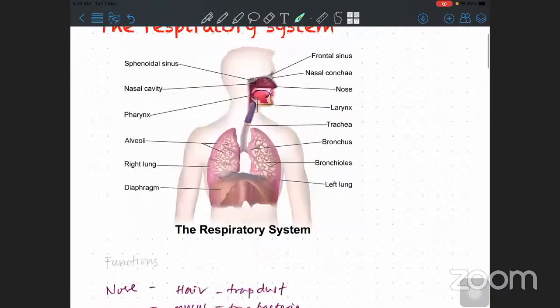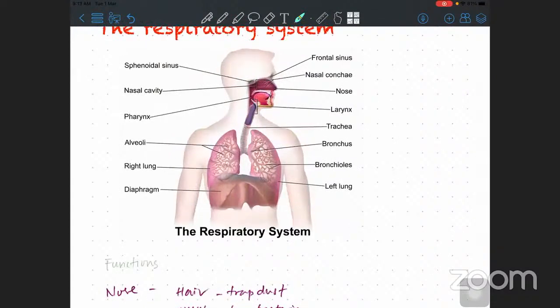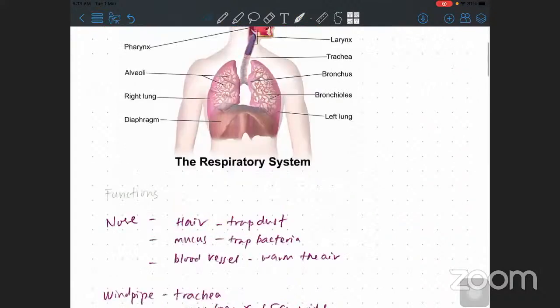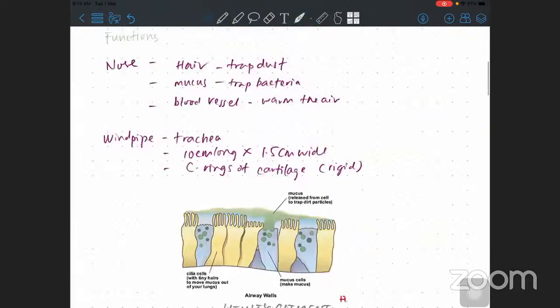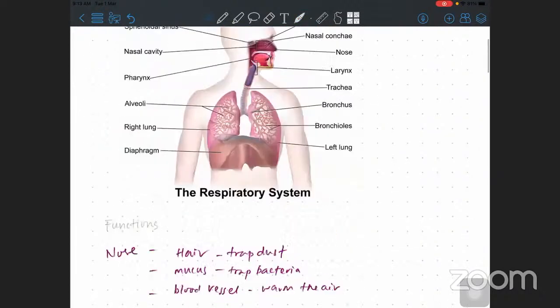So we have two parts. Number 1 is when the gas moves from the outside and then into the bloodstream. This is the so-called breathing.